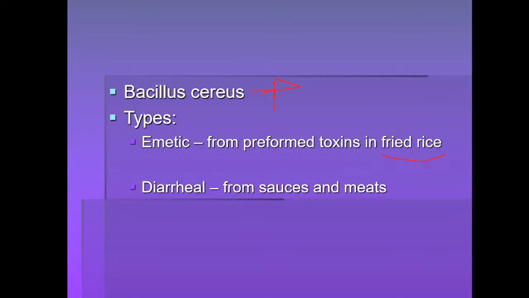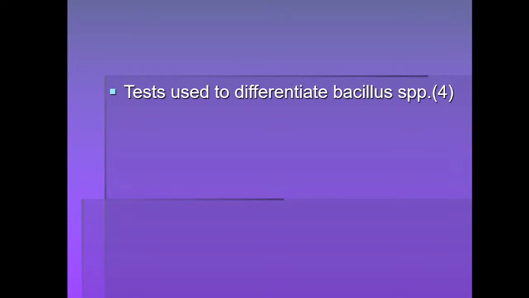As the rice cools down and reaches 37 degrees Celsius, it will return back to its original state, divide, and produce toxins. That's why it's called the fried rice bacillus.